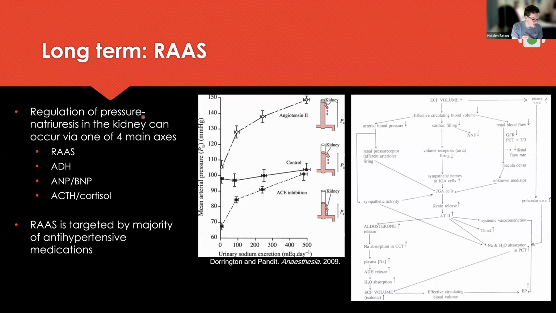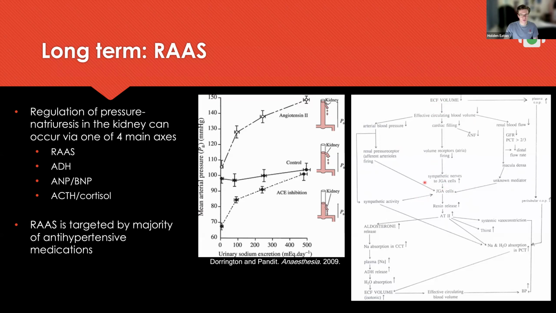Again, in the notes section of this lecture, you'll find more notes about the other 3 aspects, but we'll focus just on the RAS system for now. And on the right in this diagram, you can see a summary of how the kidney, through JGA cells mainly, senses changes in circulating volume. And you'll have had lectures on how the kidney's intrinsic mechanisms work like this.